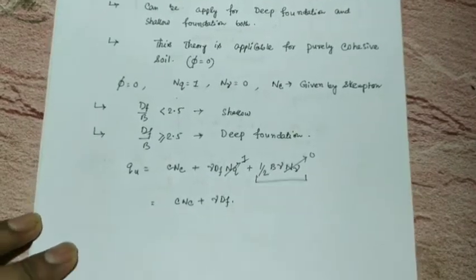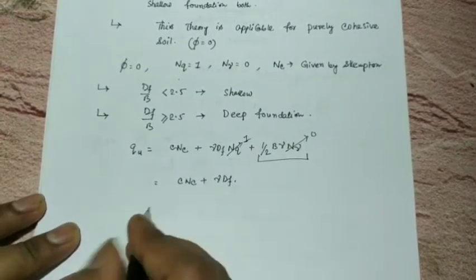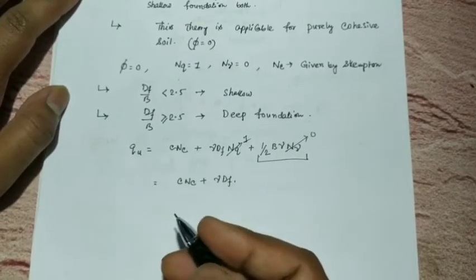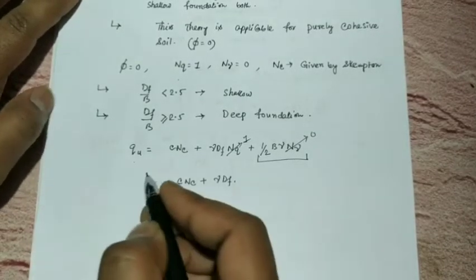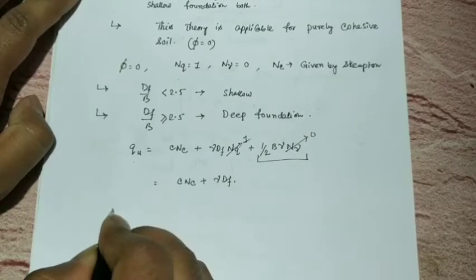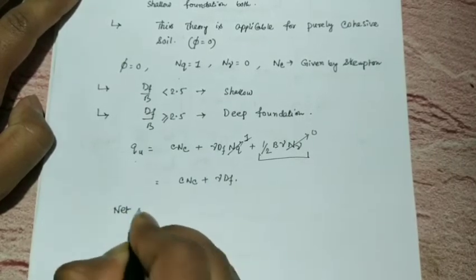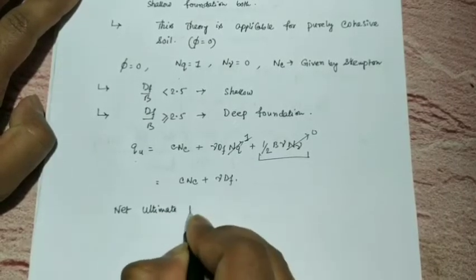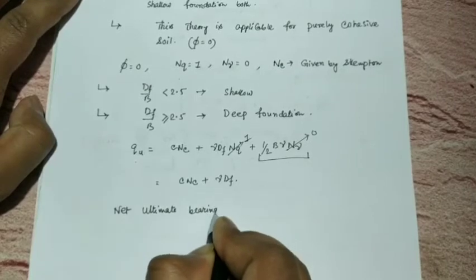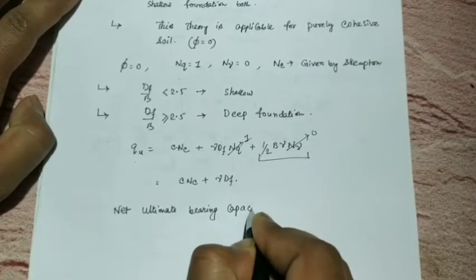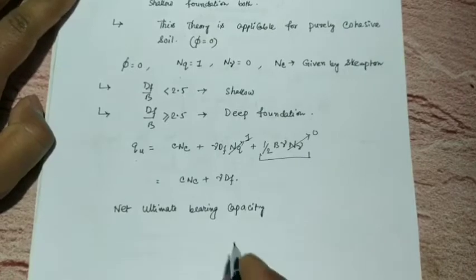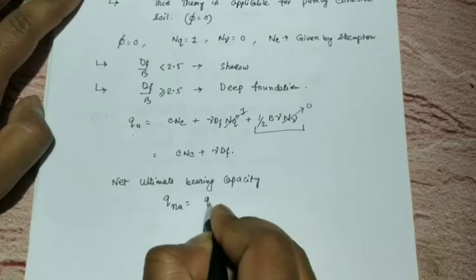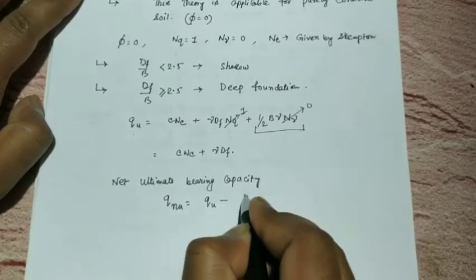Now to find the net ultimate bearing capacity, we have to deduct the effective stress at foundation level from the ultimate bearing capacity. So net ultimate bearing capacity qnu is equal to qu minus effective stress at foundation level.